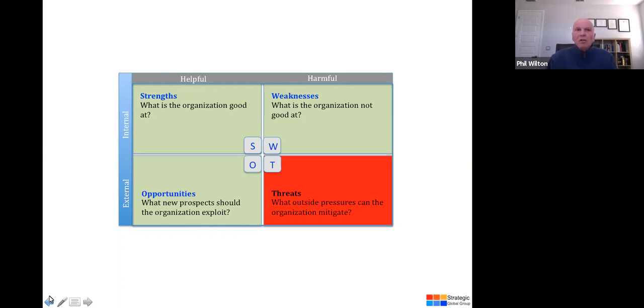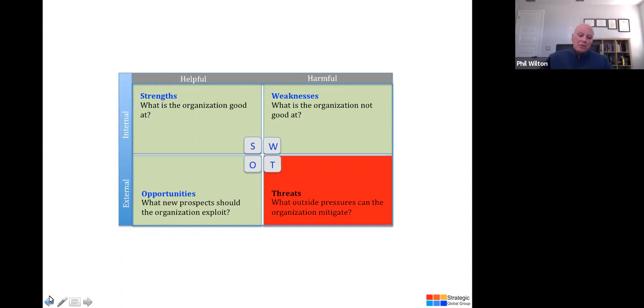But if you've got a good health and safety record, and maybe you've got awards for it, then you've turned that threat into a strength, because you can advertise in your strengths that we have a really good health and safety record. So not all threats will be totally coercive to you. It's up to you to find how you can mitigate those threats and turn them into a strength, or into an opportunity that later becomes a strength.